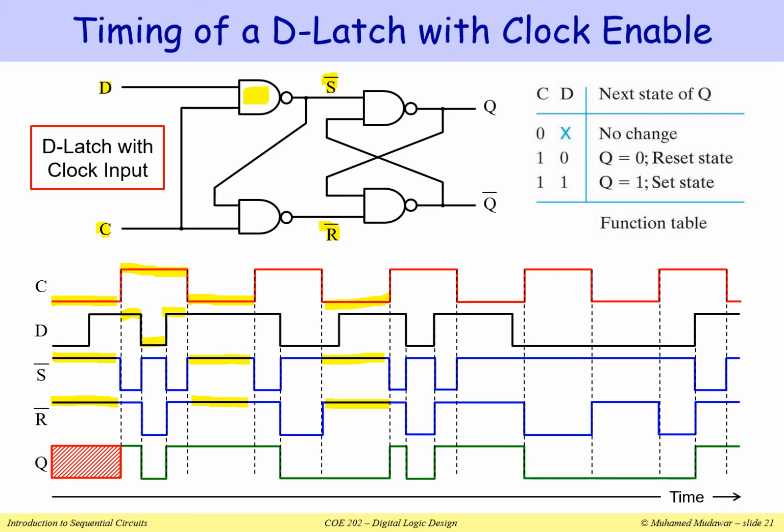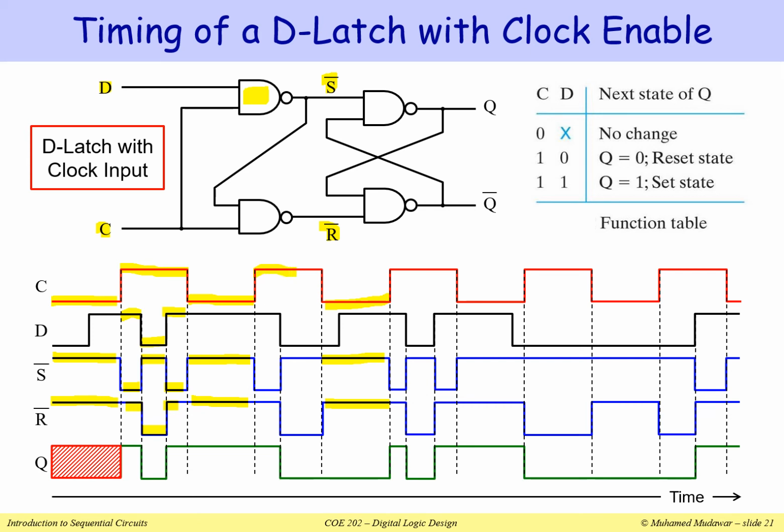S bar is just the complement of D, and R bar is identical to D, because we are complementing S bar, and therefore we get exactly D. So R bar is identical to D, whereas S bar is just the complement of D. This is when C is equal to 1.